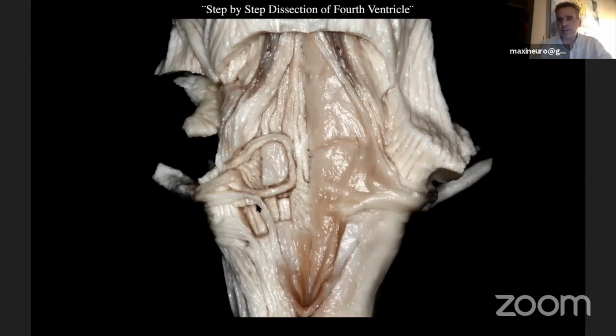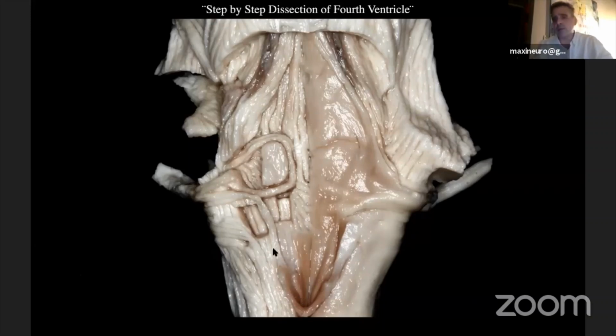Also, in the inferior triangle, we find very critical structures like the tectospinal tract, the central tegmental tract, and inside the inferior peduncle, here the nucleus ambiguus, and here the trigeminal fiber tract.